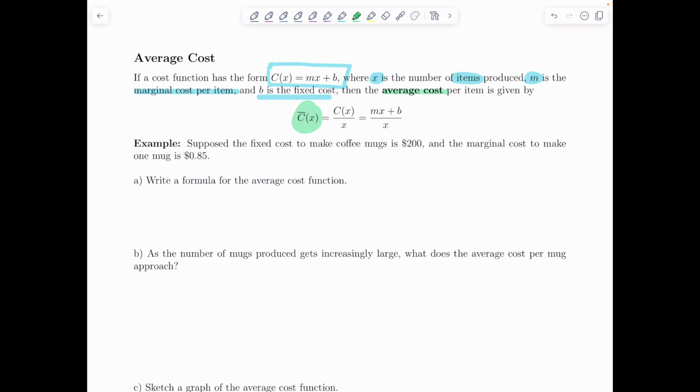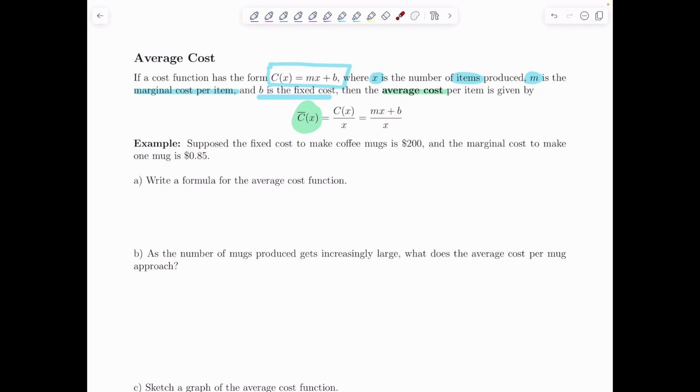And the way we find C bar of X is we take our cost function and we divide by X, the number of items produced. That should make sense. You take the cost divided by how many items, that gives you the average cost per item. So it's MX plus B divided by X. Great. So let's work with this average cost function now. Can you see how it's a rational function? X in the top, X in the bottom.